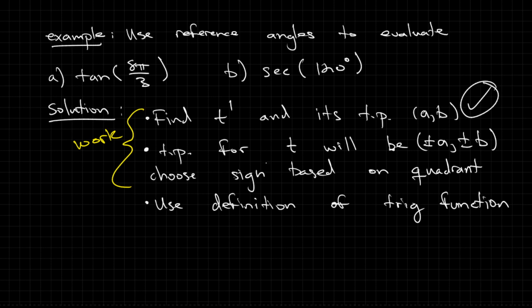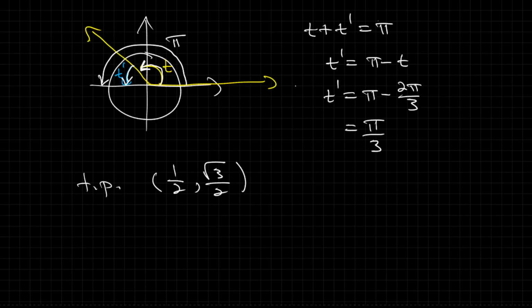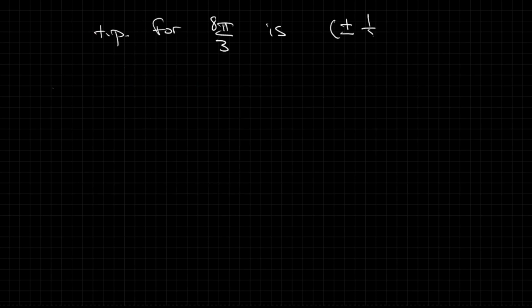And now the terminal point for the original t, that is my 8 pi over 3, is going to be plus or minus the x-coordinate for the terminal point of the reference angle, 1/2, comma, plus or minus the y-coordinate here, which is root 3 over 2, where we choose plus or minus based on the quadrant.